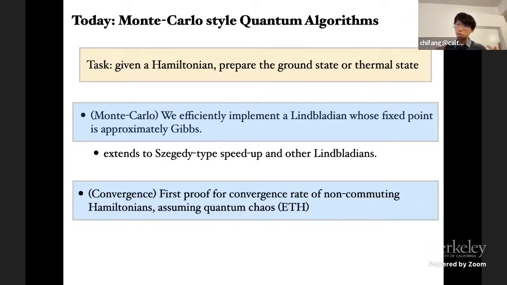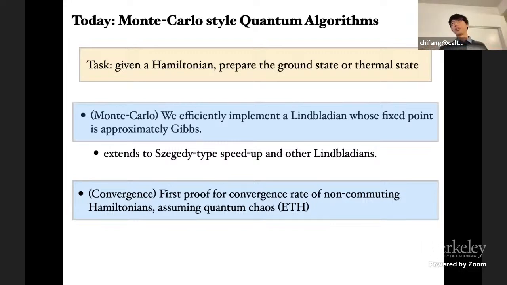These are continuous quantum Markov chains with a guarantee that the fixed point is approximately the Gibbs state. You get errors because energy is uncertain. And we believe this is the right way of approaching it because our results generalize to many other settings, also lead to a proof of thermodynamics, and are also compatible with quantum speedups.